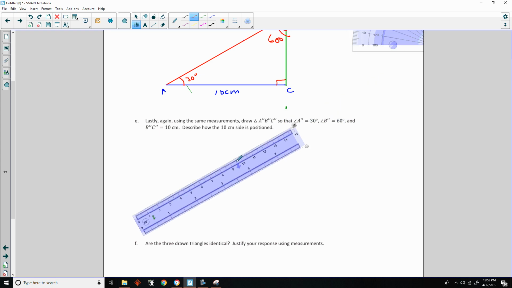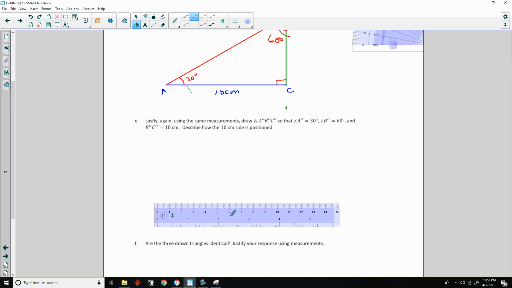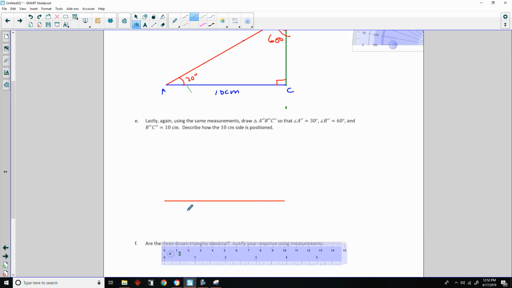So I'm going to start with the 10 centimeter side first, and I'll draw it 10 centimeters long, like so, and that is B double prime C double prime, and it is 10 centimeters. So that part's done.